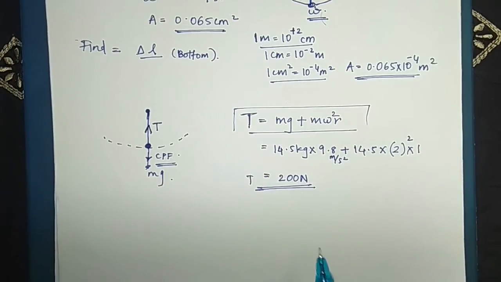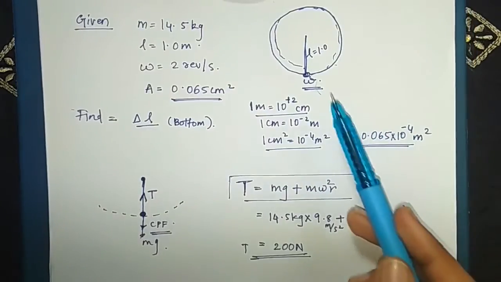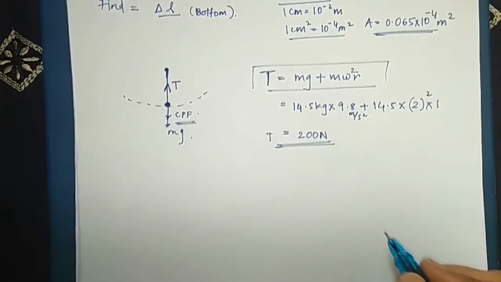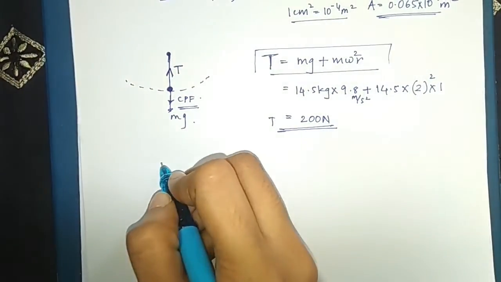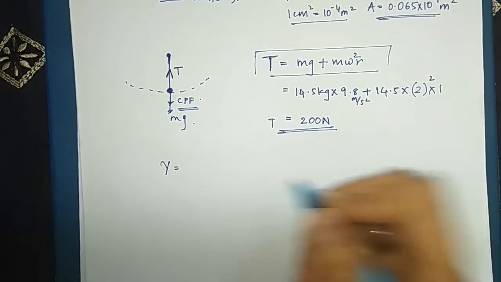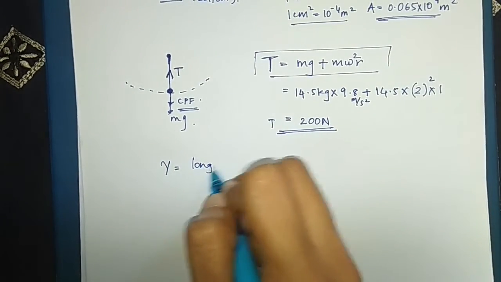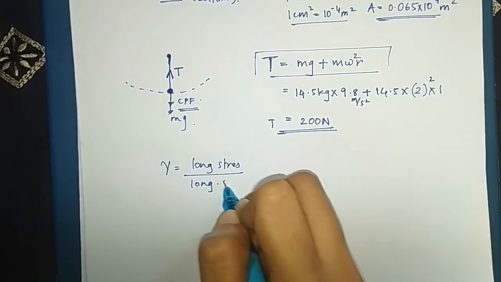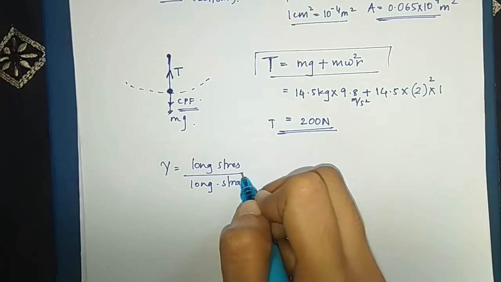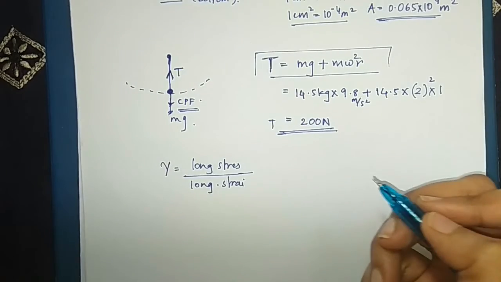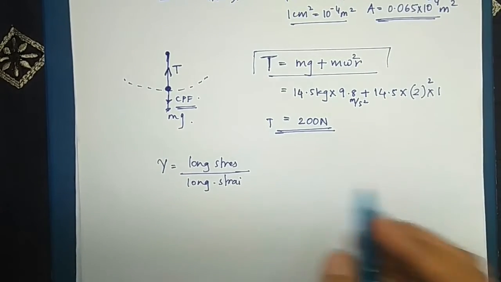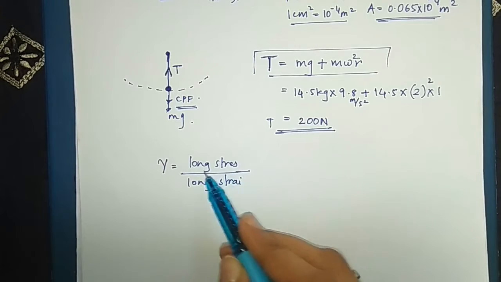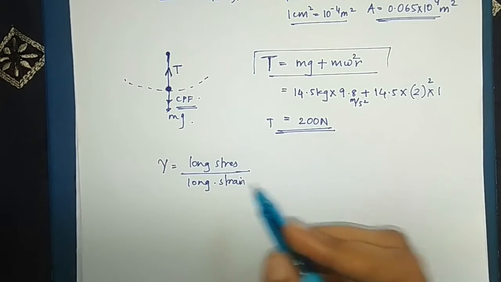Now we have to calculate the elongation, and it's related to the length, so it will obviously be due to Young's modulus. What is Young's modulus? It is longitudinal stress divided by longitudinal strain. I'm repeating this formula again and again so that you don't have to memorize formulas. You just have to know the concept that Young's modulus is longitudinal stress by strain, and you can plug in the values.